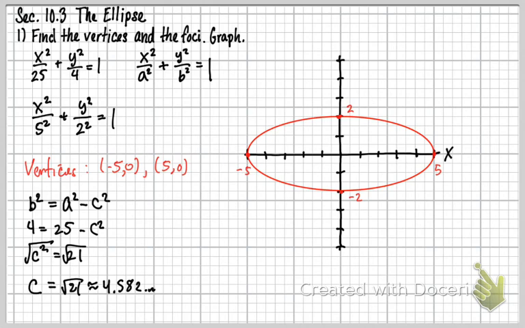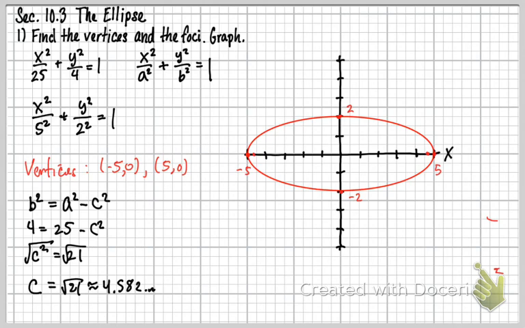Well, 4.5, I should say. So that's going to put it way out here. And then I got another one over here. Oops, wrong place. So those are going to be quite a ways out there. And also I got to label those.